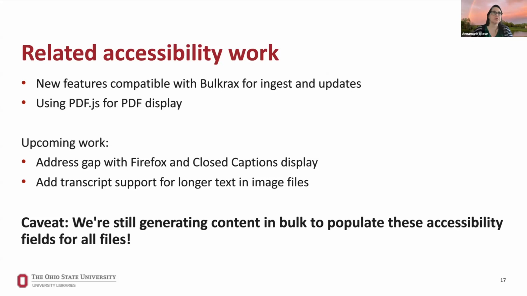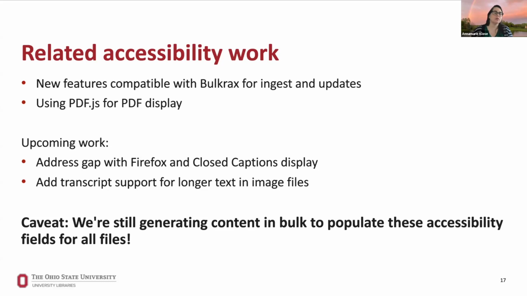And in case anyone's interested, we're using PDF.js for displaying PDFs, but we have noticed some gaps. So for instance, in Firefox, you can't quite see how to enable the closed captions display, which is a bit annoying. So that's something that we're hoping to resolve. And we also have transcript support for longer text that we'd like to do in image files.